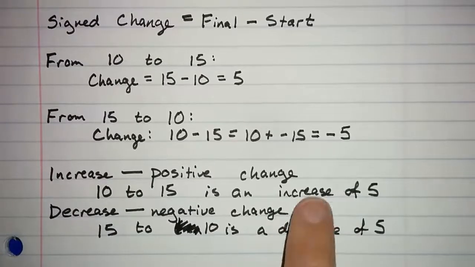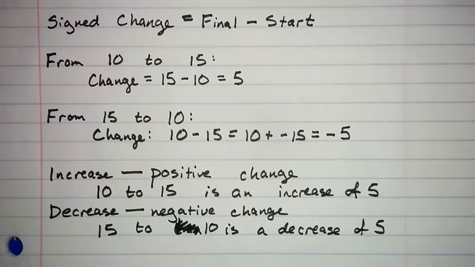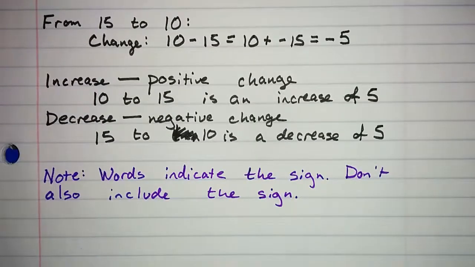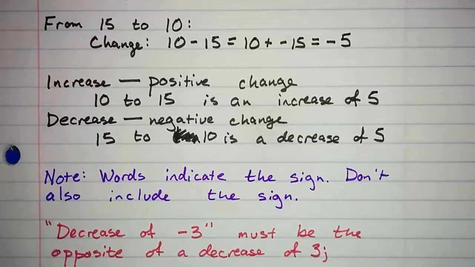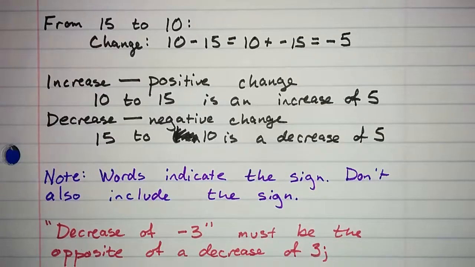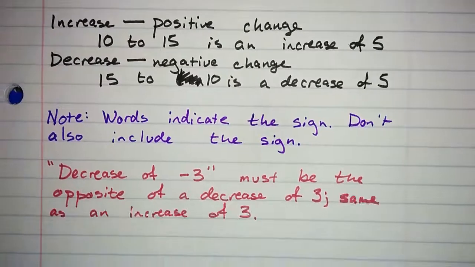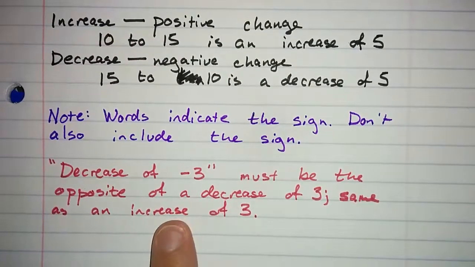Notice when we're using these words to indicate the sign, we do not also use the sign. If someone were to refer to a decrease of negative 3, that must be the opposite of a decrease of 3. A decrease of negative 3 is the same as an increase of 3. This is super confusing. Don't do this.